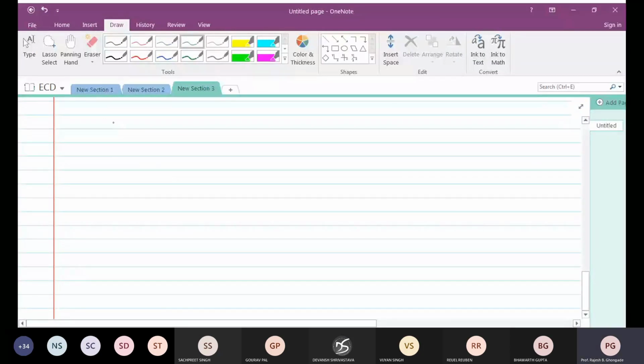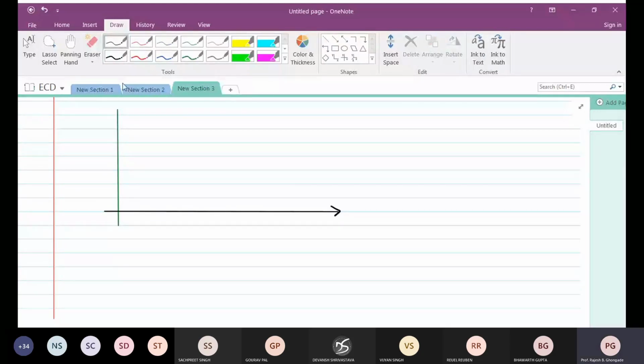All right. As I said, this is the output of the rectifier with capacitor filter. So how will it look like?